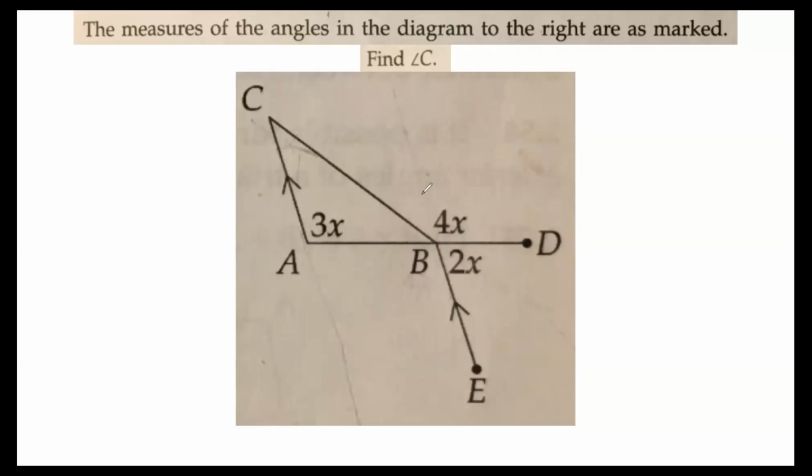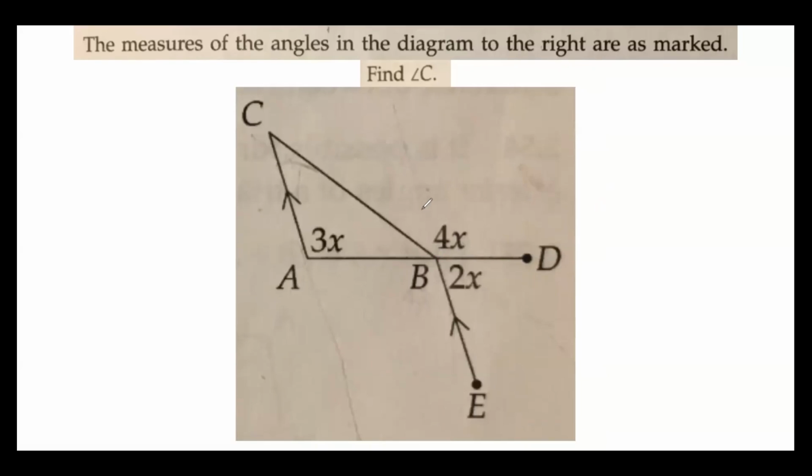First, in terms of X, you'll see that this angle right here is equal to 180 minus 4x, simply because of supplementary angles. And so this triangle, ACB, must add up to 180 degrees. So that means that angle C is equal to X.